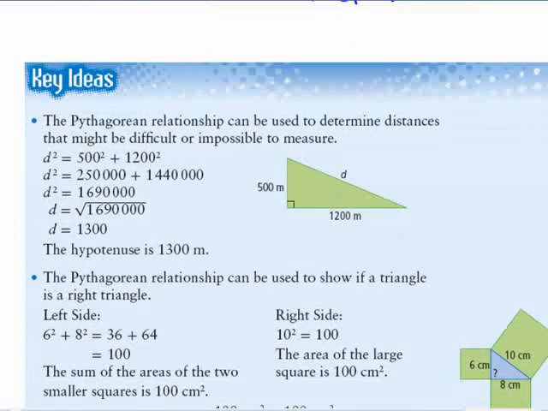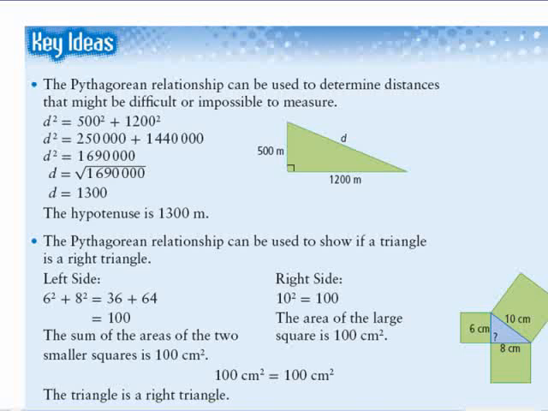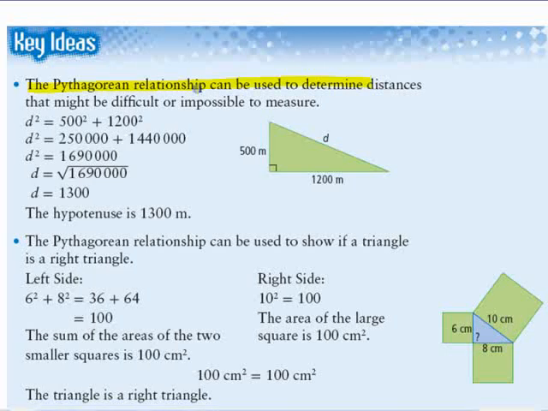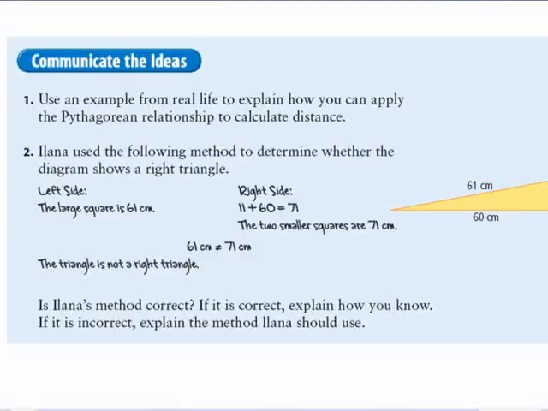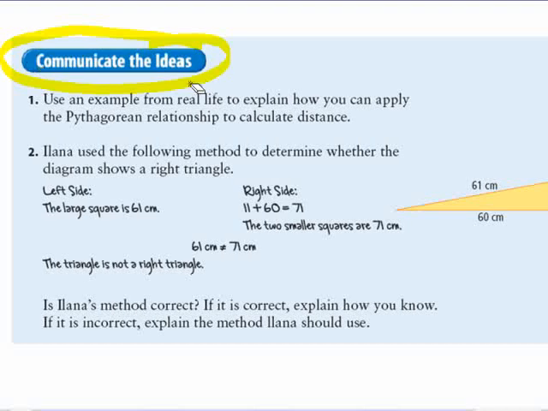Remember, you should look at the key ideas before you get going on things, or even afterwards. Okay, you can determine missing distances, and you can check if a triangle is a right triangle. If you look at the check your understanding questions here, don't forget to do that at some point. Whether you do the communicate the ideas before or after the check your understanding doesn't matter to me.